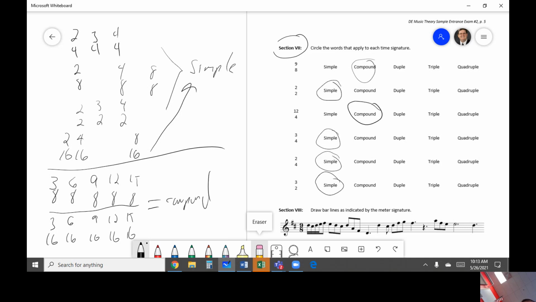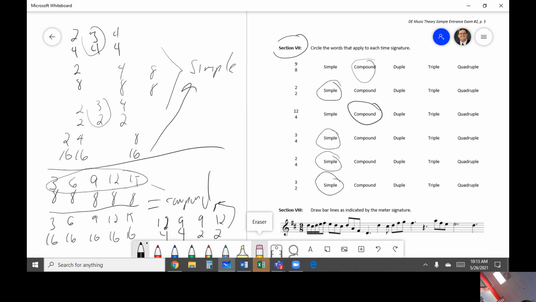But if you were to have 12-4, 9-4, 9-2, 12-2, those are also probably going to be compound. All right? So these that are divisible by 3, probably going to be compound, with the exception of 3-2 and 3-4.